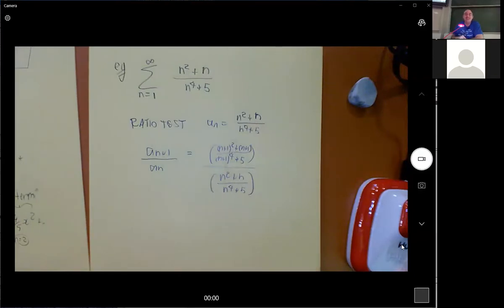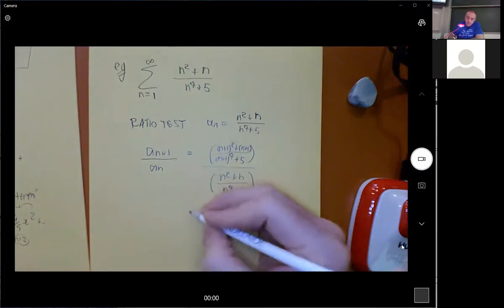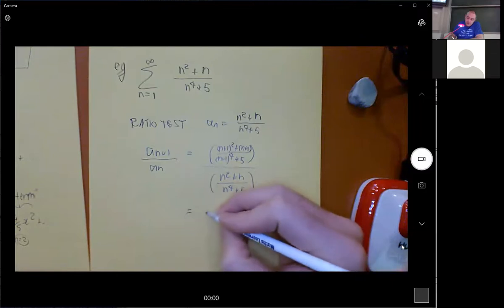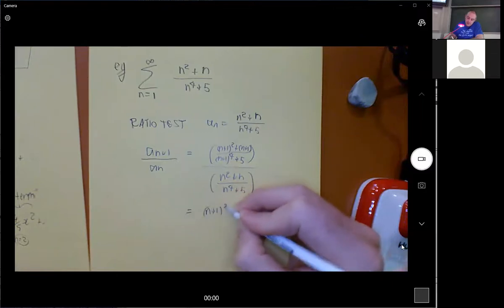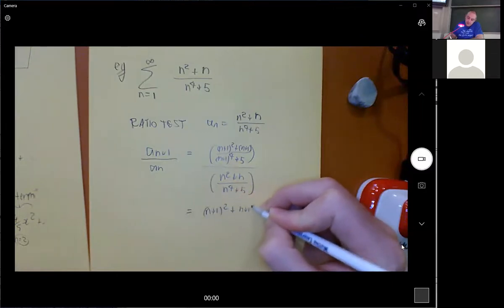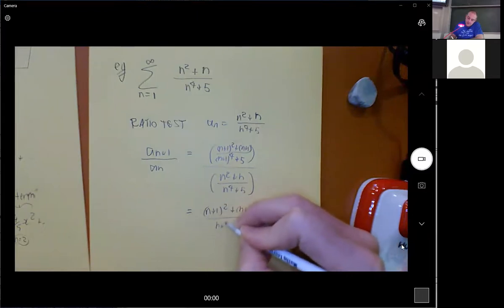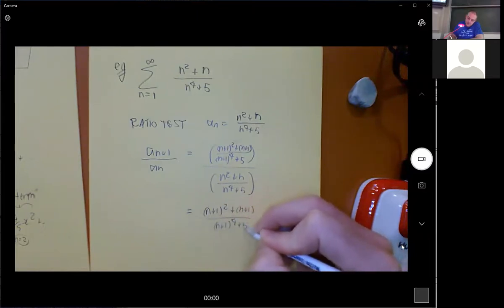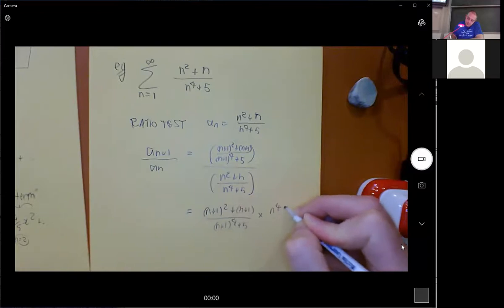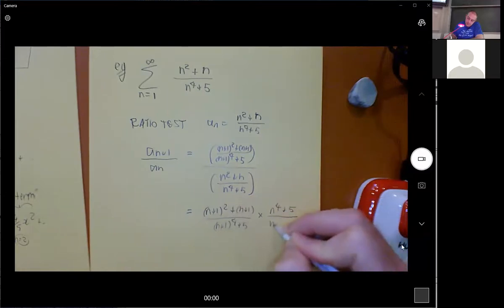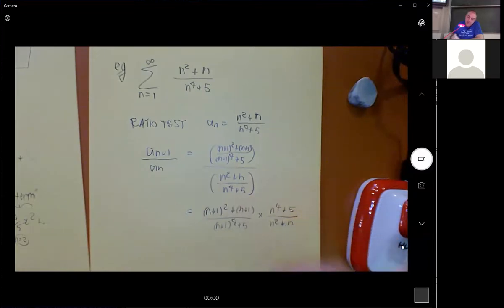It's a common mistake. And then I have to divide these and I'll get some wicked formula involving n. And then I have to do the limit of that as n goes to infinity. When you divide fractions, one way of dealing with that is to turn the bottom fraction upside down and multiply instead.